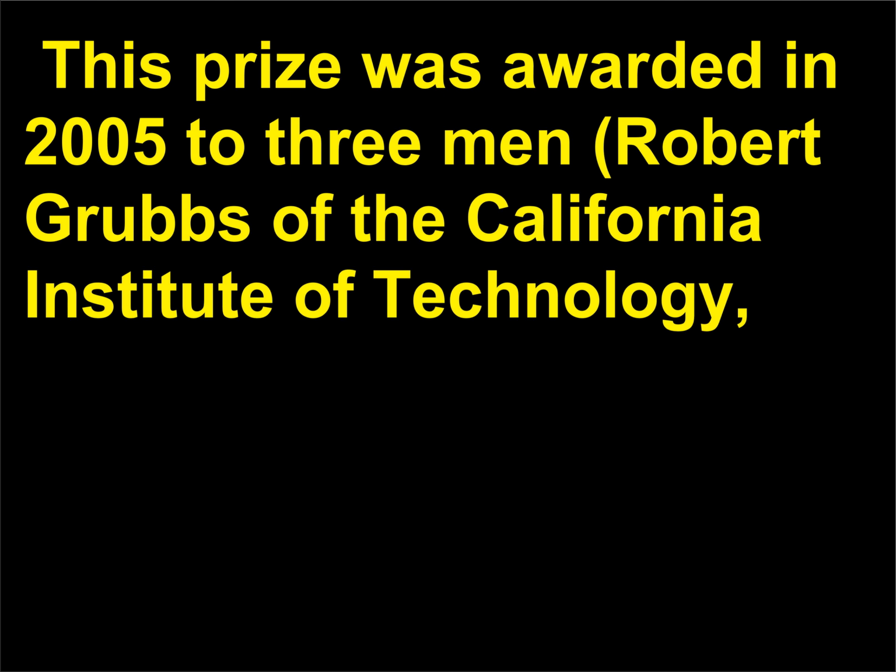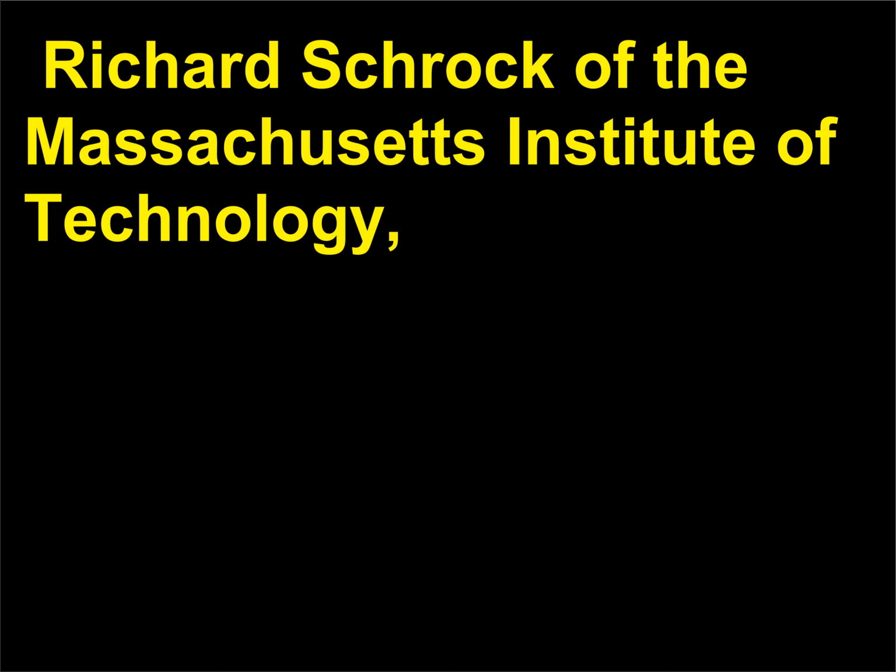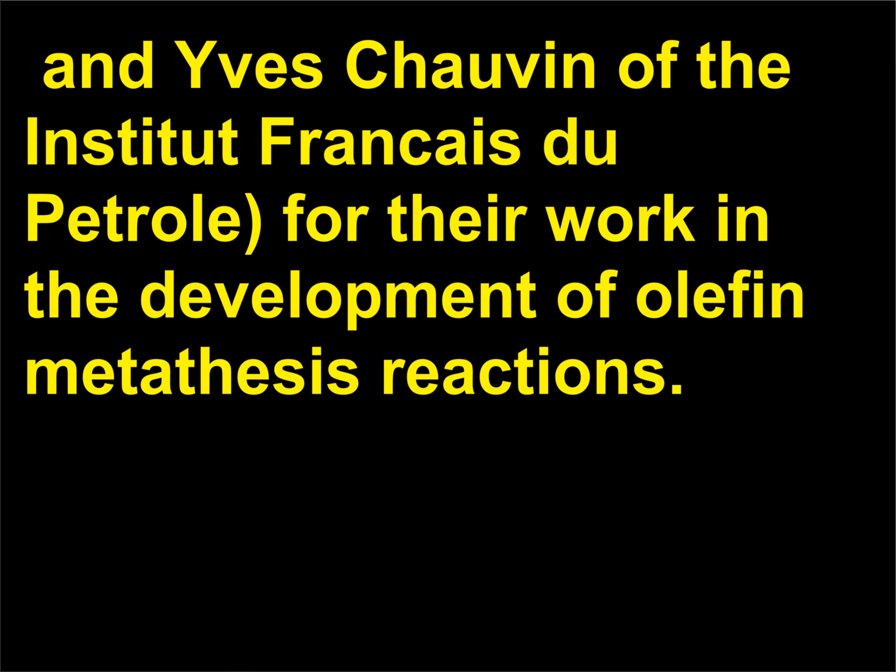This prize was awarded in 2005 to 3 men, Robert Grubbs of the California Institute of Technology, Richard Schrock of the Massachusetts Institute of Technology, and Yves Chauvin of the Institut Français du Pétrole, for their work in the development of olefin metathesis reactions.